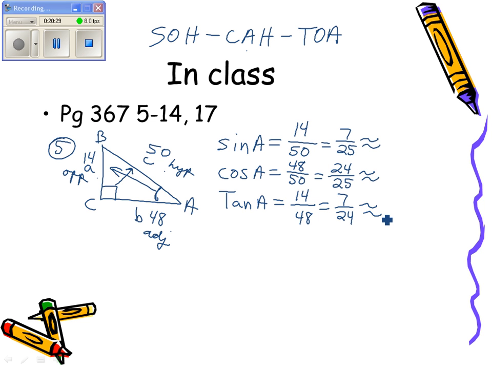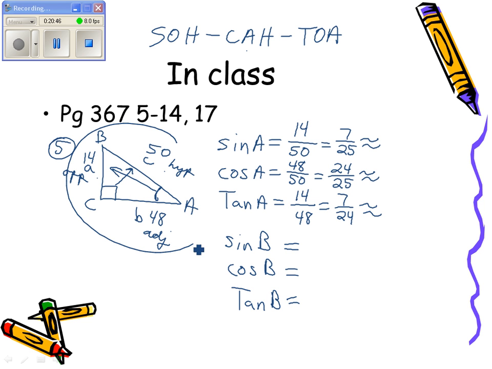Then they want us to do the same thing for angle B. So sine, cosine, and tangent for angle B. And what we said back here at the beginning is for angle A and angle B in the same triangle, the sine and the cosine are just switched. So the sine of angle B is going to be the same as the cosine of angle A, which was 24 over 25.